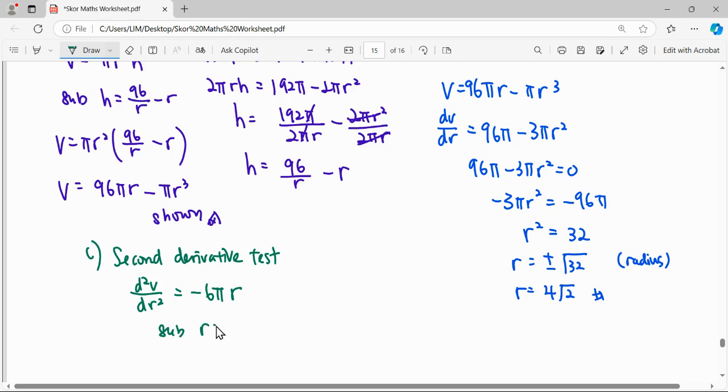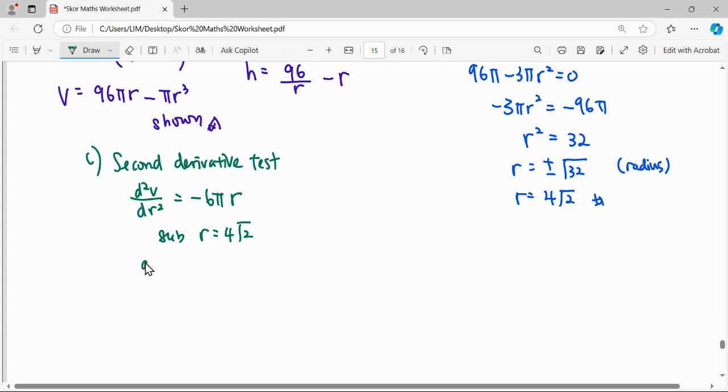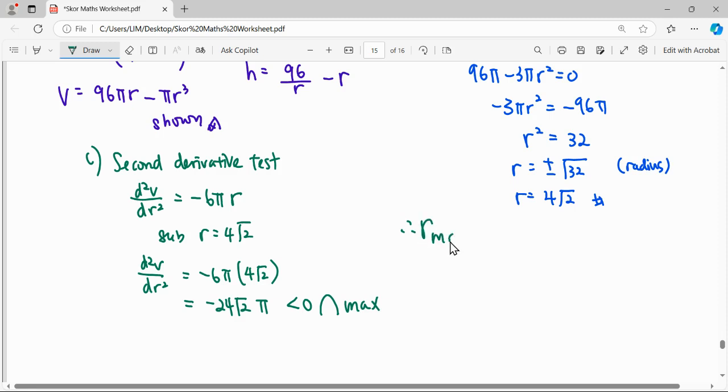We substitute r as 4 root 2. We get a negative value, less than 0. Justify: negative means it is concave downward, so it will give you a maximum. Therefore, this r is a maximum.